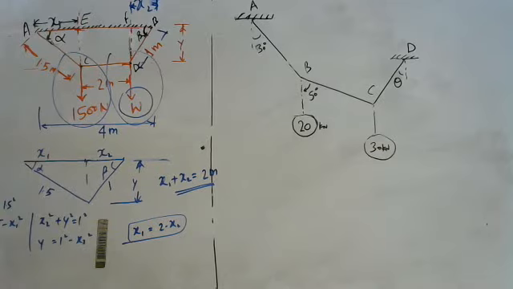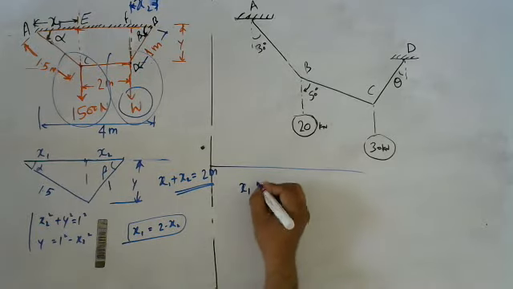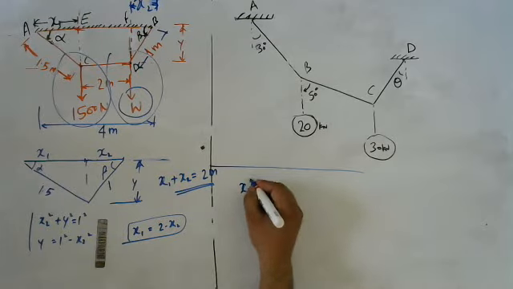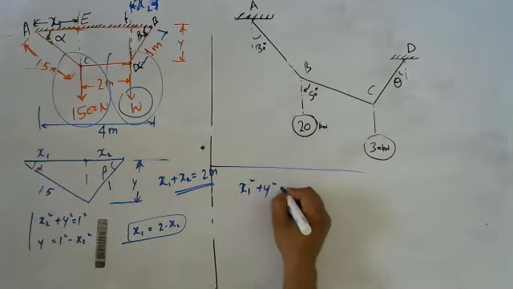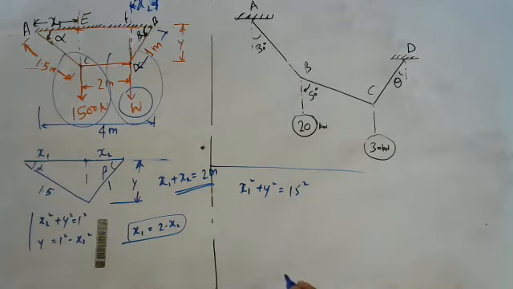It's not visible completely, so I just write the calculation here. So x1 square plus y square is equal to 1.5 square. That was equation number 1.